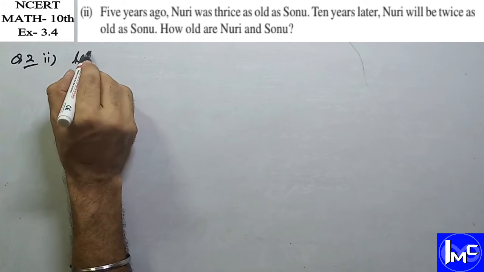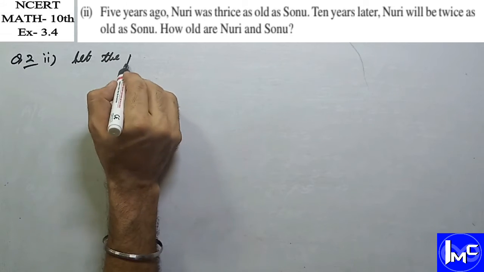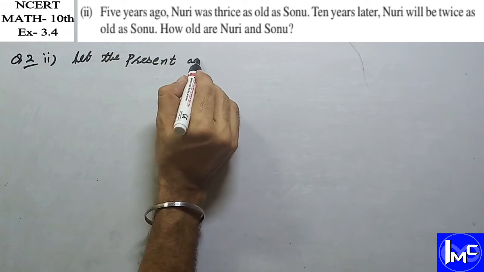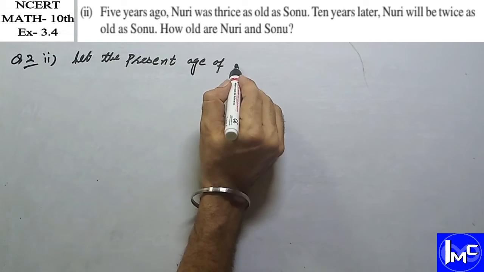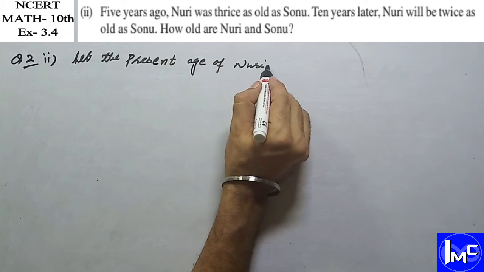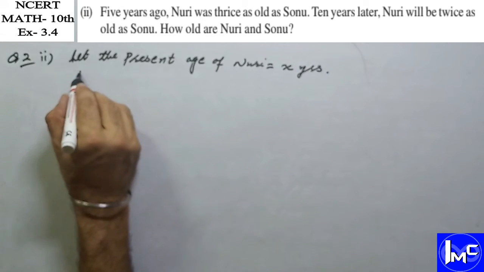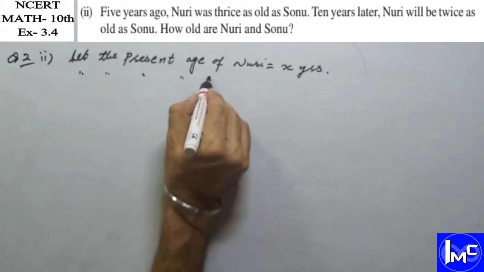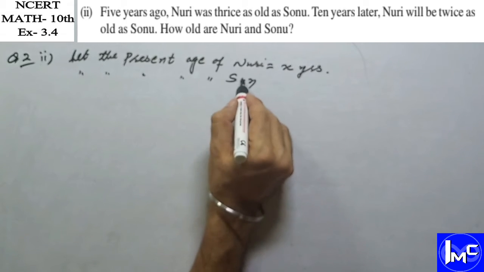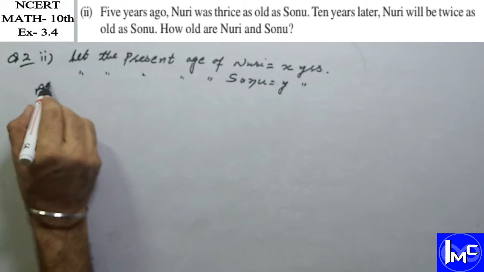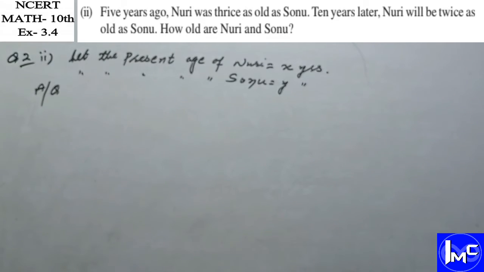Let the present age of Noori be x years, and let the present age of Sonu be y years. Now according to the question, what are our conditions?